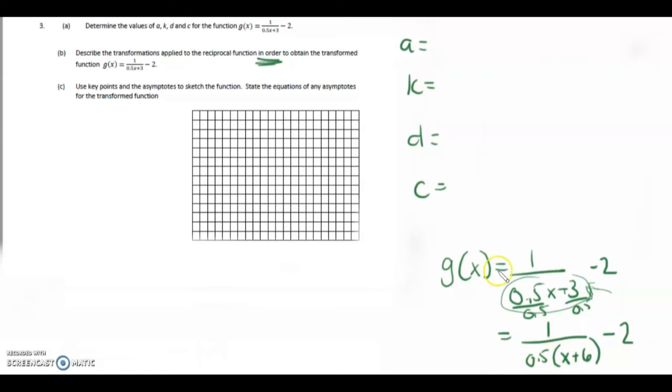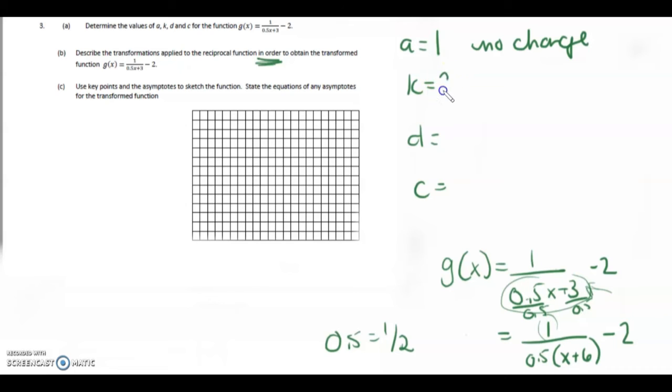So a is this number on top, or it could be written in front in the numerator, and a is just 1, so no change. Okay, our k value is in front of this bracket, so our k value, if you put it as 0.5, or because 0.5 is just 1/2, if you put it as 2, that's okay too.